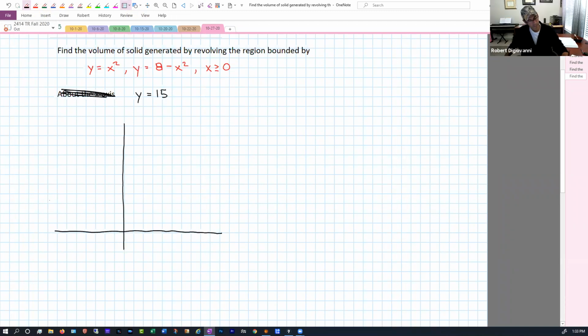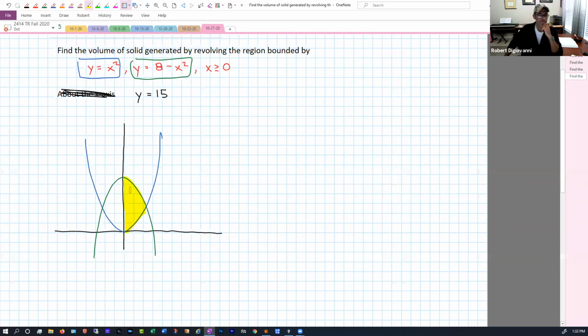So we've got the x squared here, and the 8 minus x squared here. We're still just looking at the right half, and our axis of rotation this time is up here at 15.